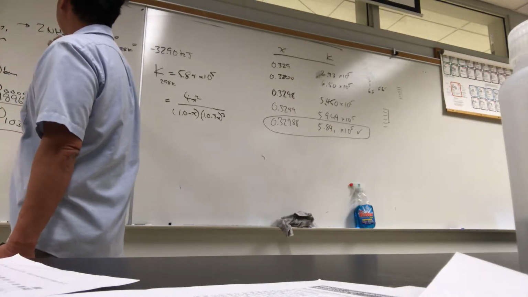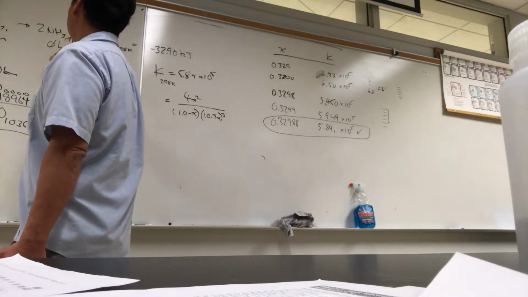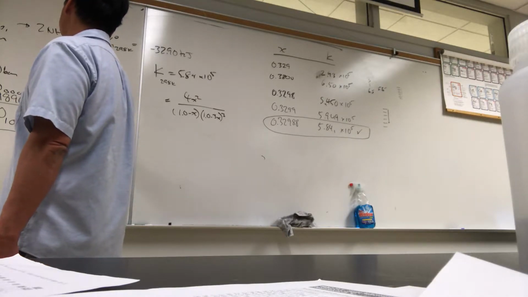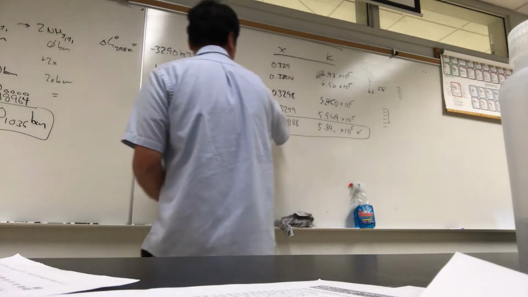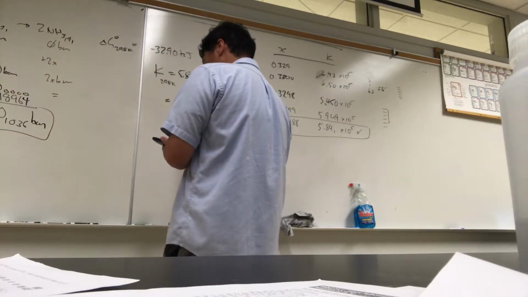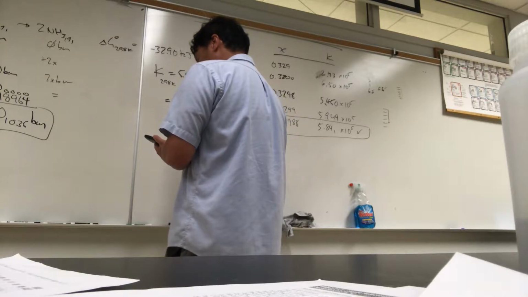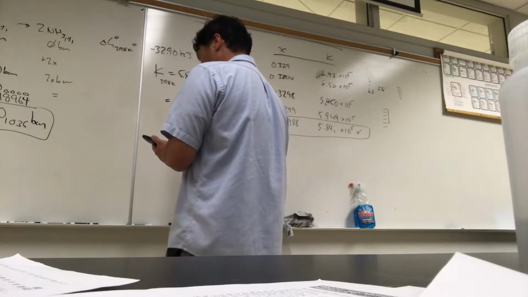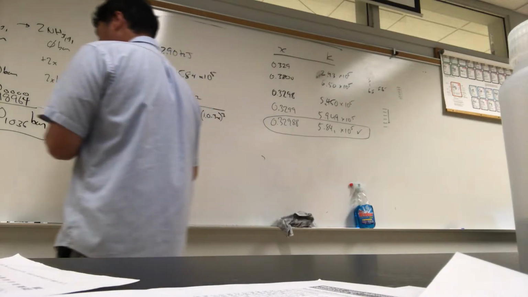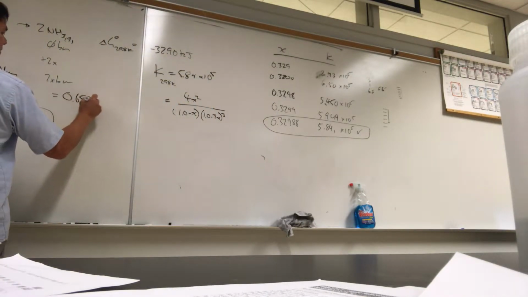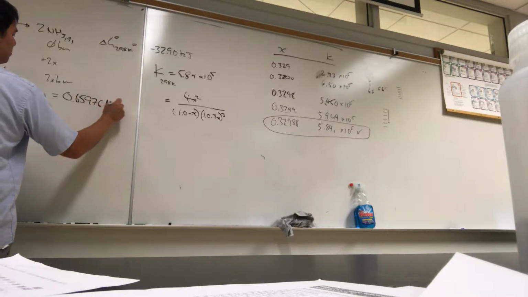And then the ammonia, we started off with 0 bar, and then we got plus 2x, and so we have 2x bar at equilibrium. 2x would just be double 0.32988, so 0.65976 bar.